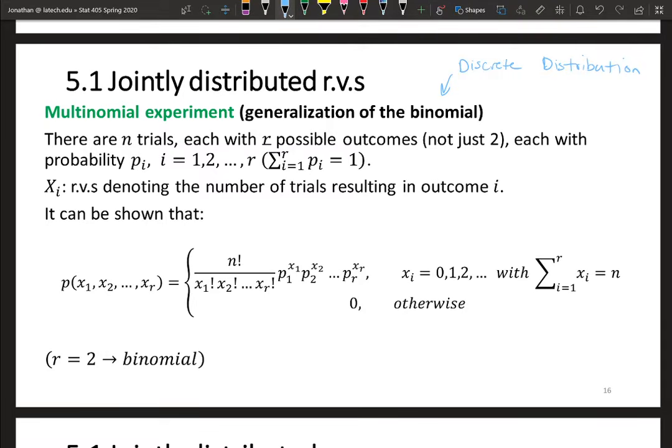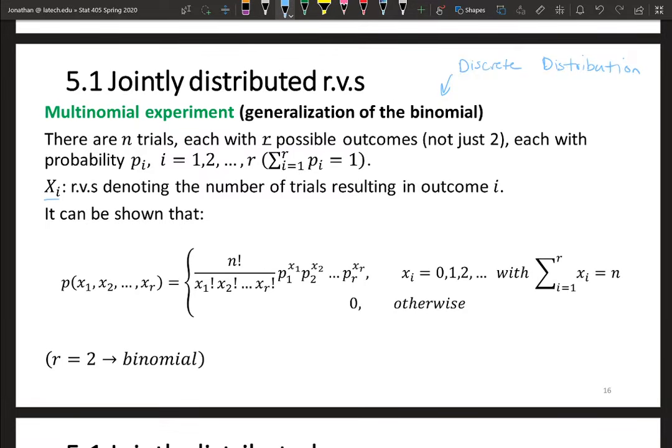There are n trials, each with r possible outcomes, not just 2, each with probability p sub i, for i going from 1 to r. Then x sub i is the random variable denoting the number of trials resulting in outcome i.